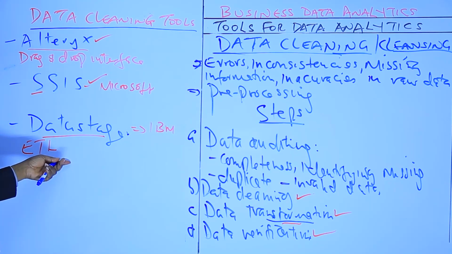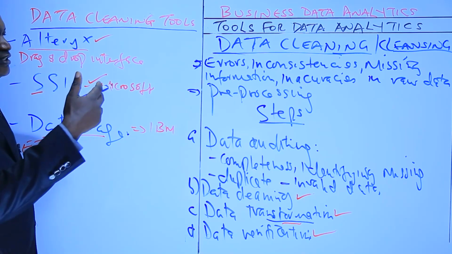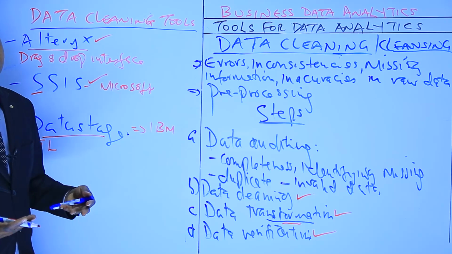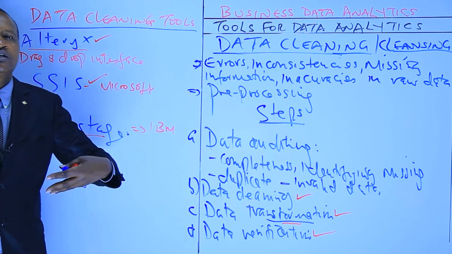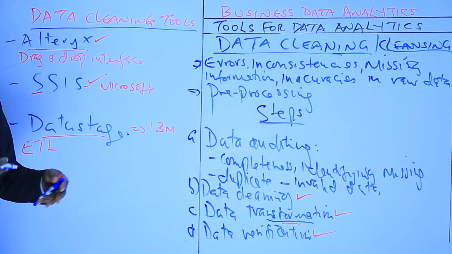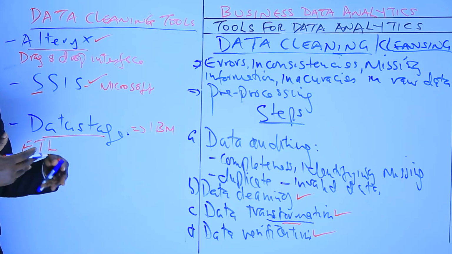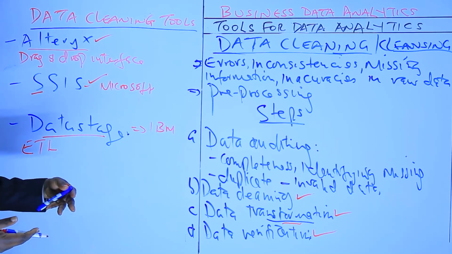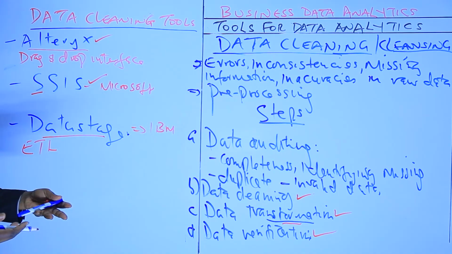There are many other functions that this software can perform, like job design, metadata management, data profiling. It can also do parallel processing. It can carry out jobs like job scheduling, and it has inbuilt transformation stages, like filtering, the lookup, the aggregator. It can support custom transformation as well, and many more functions.